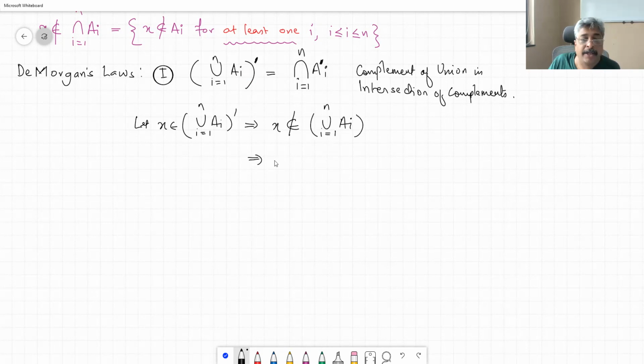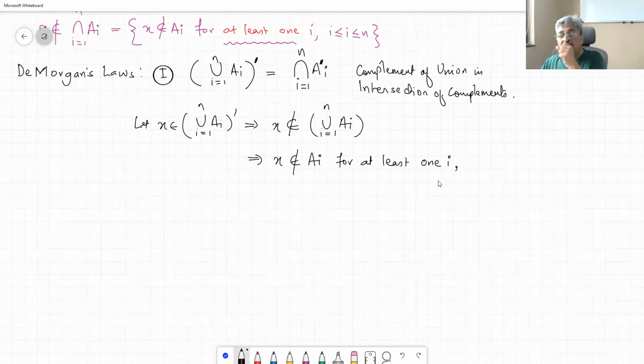It means x does not belong to Ai for at least one i, 1 is less than or equal to i is less than or equal to n.